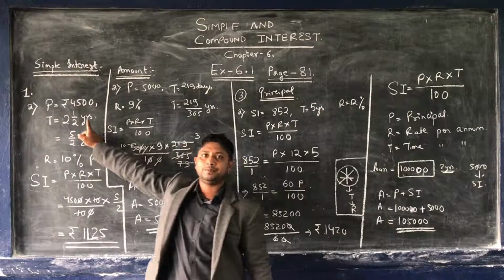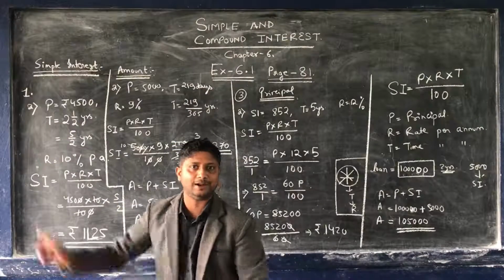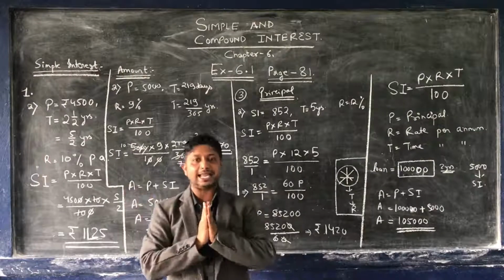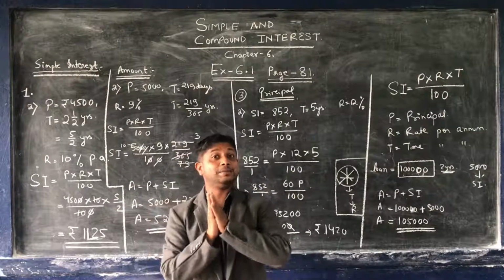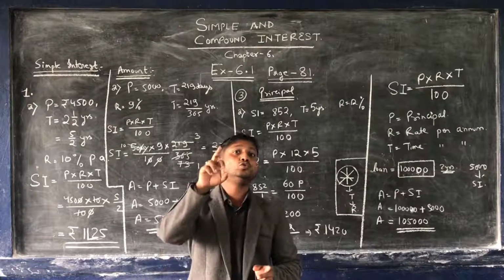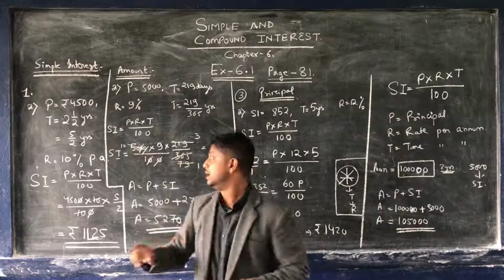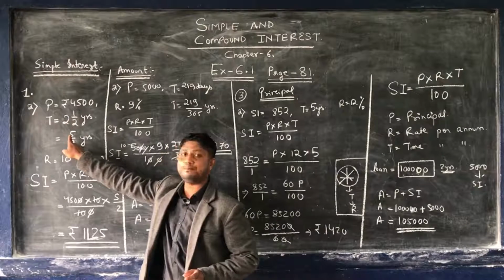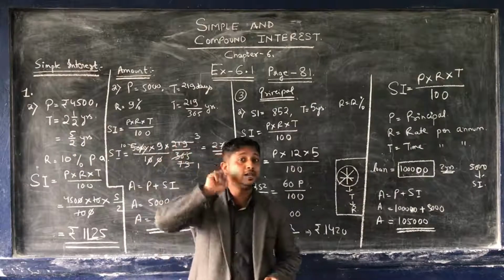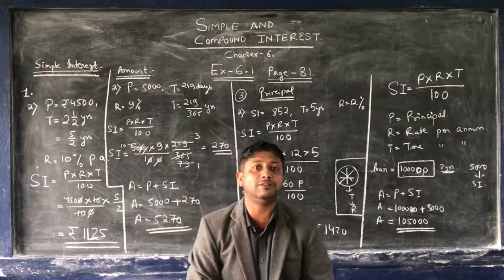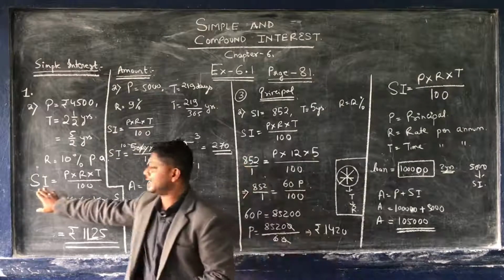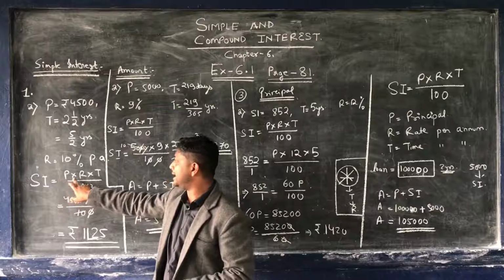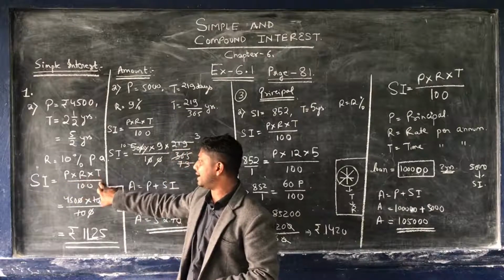Here you see the principal is given as 4,500, rate is given as 10%, and time is given in mixed fraction, 2.5 years. So convert this 2.5 years: 2 2s are 4 plus 1, 5 by 2 years. Now simply you put the formula, simple interest equals P into R into T by 100.